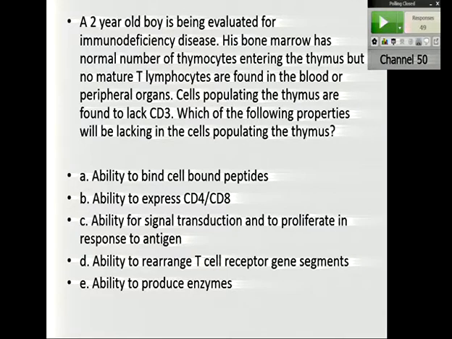That's the first of the markers that a T lymphocyte needs. So if there is no CD3, there is no survival. They die. Remember that if there is no CD3, there is no ability to signal transduce or to proliferate in response to an antigen. So that's the answer.